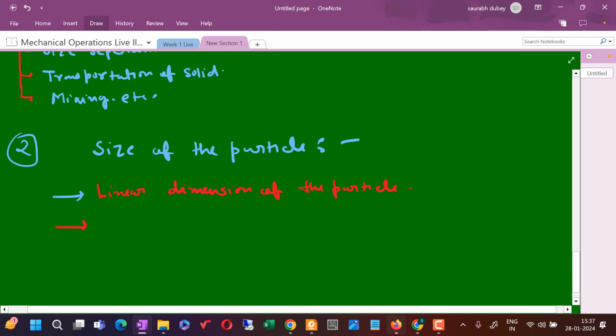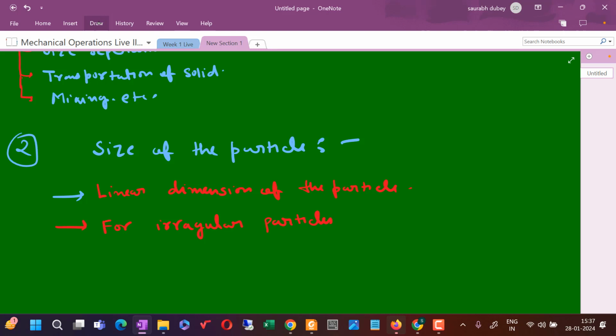And second, for irregular particles, how will we define size then?